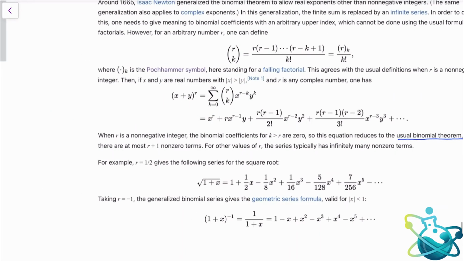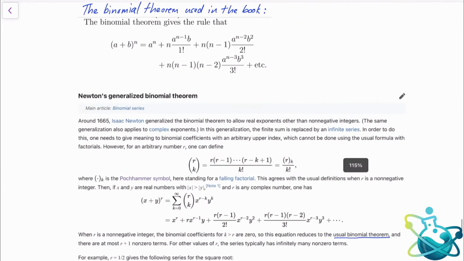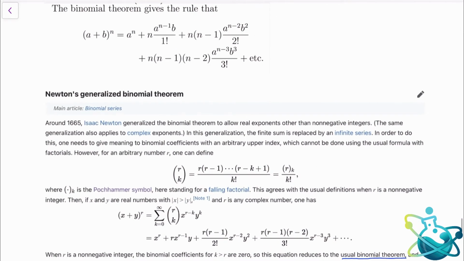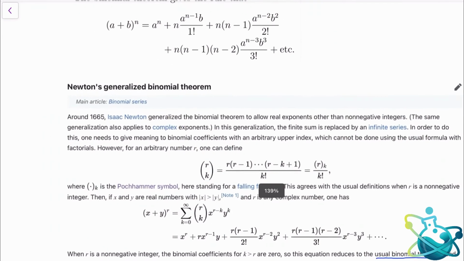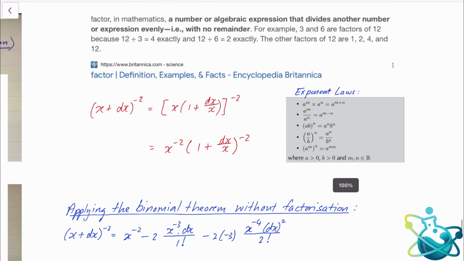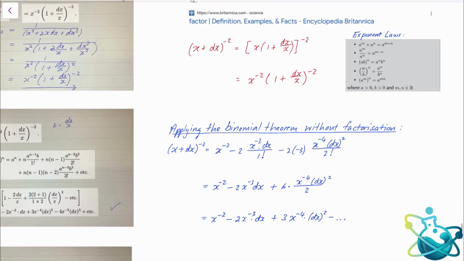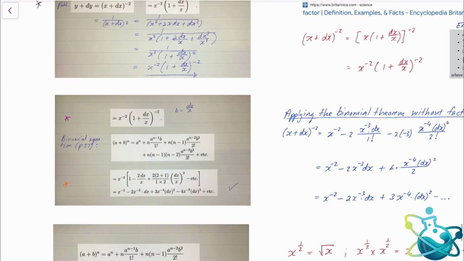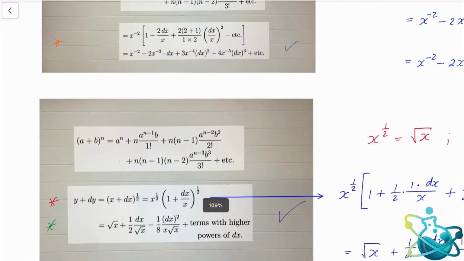If you compare this one in the book to this one here, you will see it's the same thing, guys. So that is the generalized binomial theorem that is used in the book. Just to make that clear for you, sorry I talked about this for a long time.